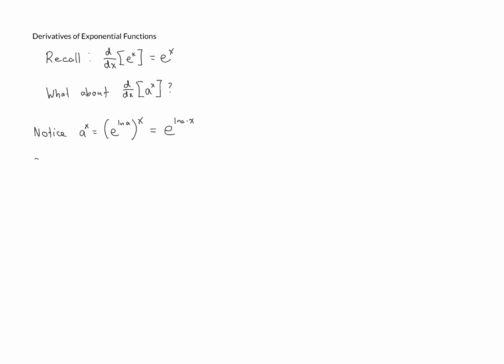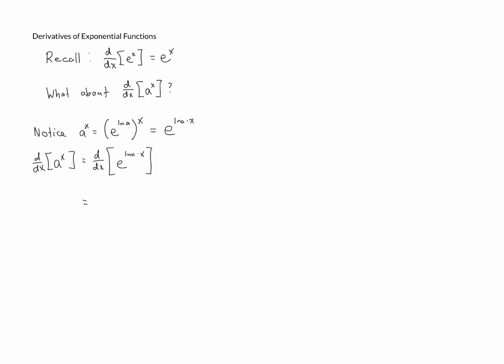So if we want the derivative of our original function, a to the x, that's going to be the same as the derivative of this new function. It's just another way of writing a to the x. So this is going to be e to the ln of a times x. And we can use the chain rule when we're taking this derivative.